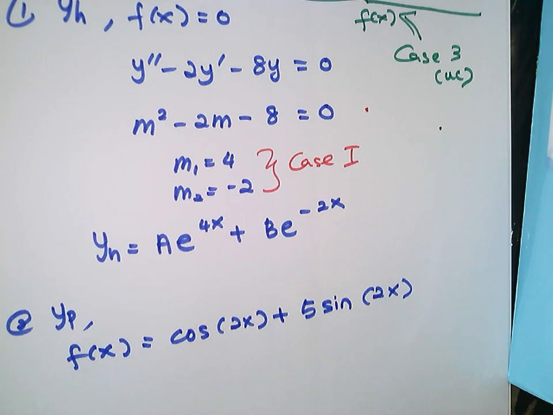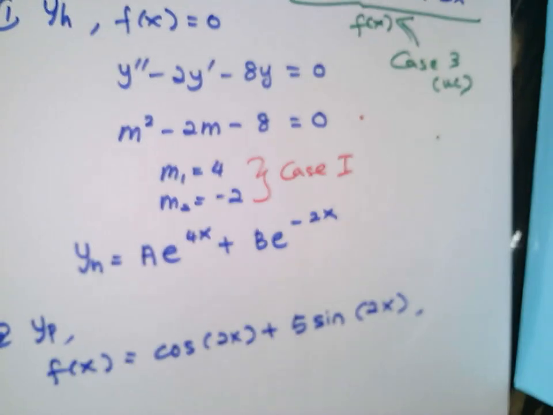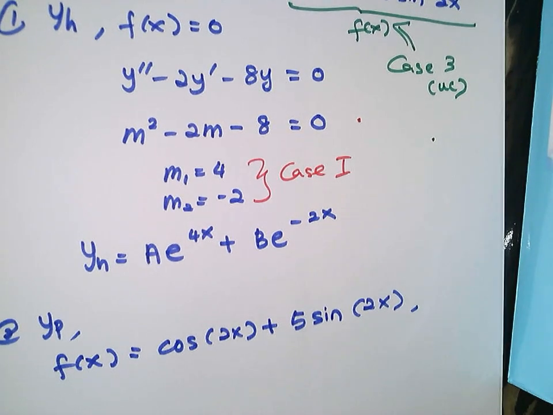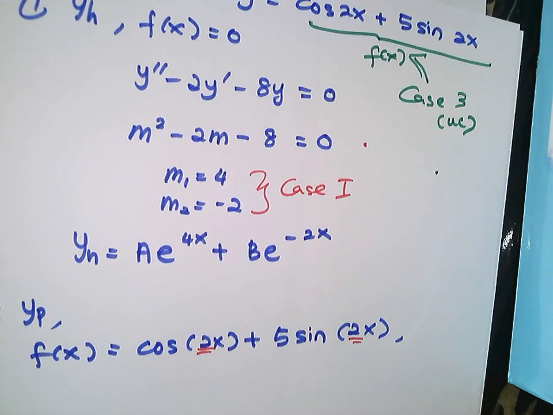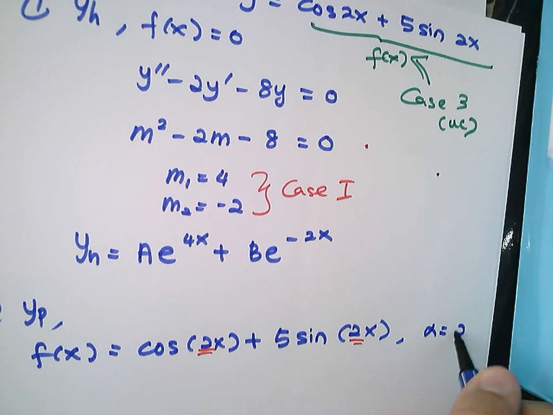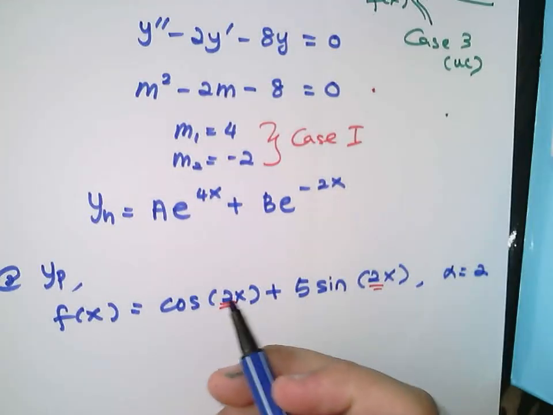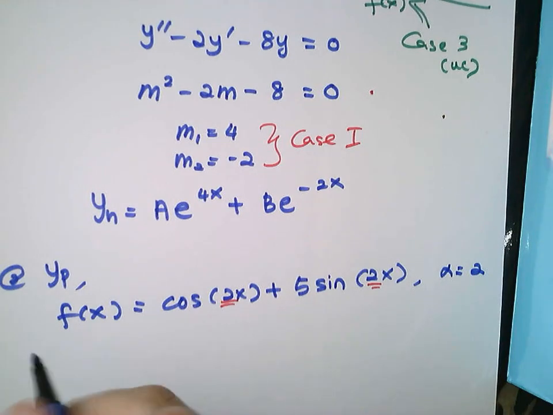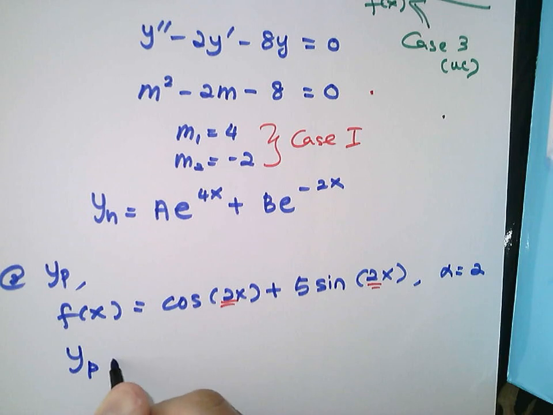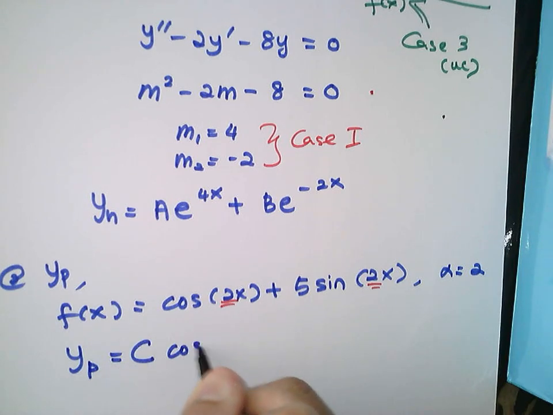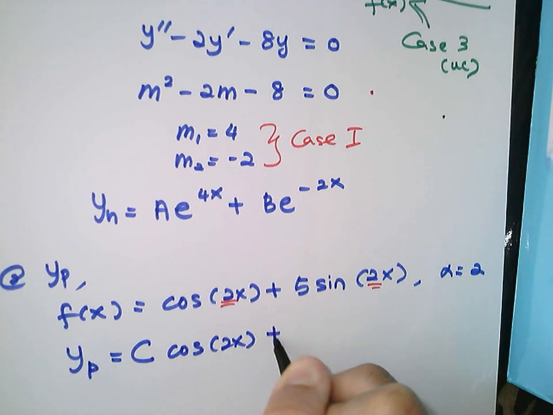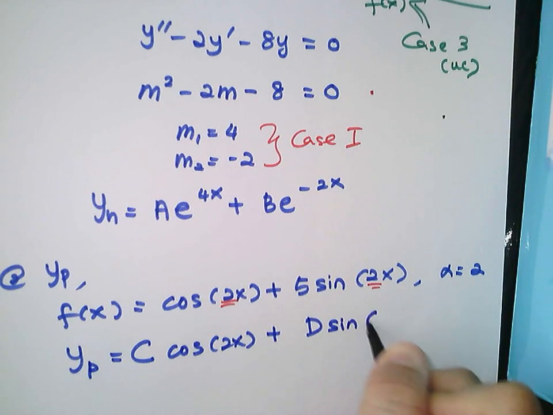So what is the value of alpha here? Your alpha is equals to 2. Don't worry, you will have the same value for alpha, since this is case 3. So what is the suggestion for your YP? So your suggestion for your YP will be C cos 2x plus D sine 2x.